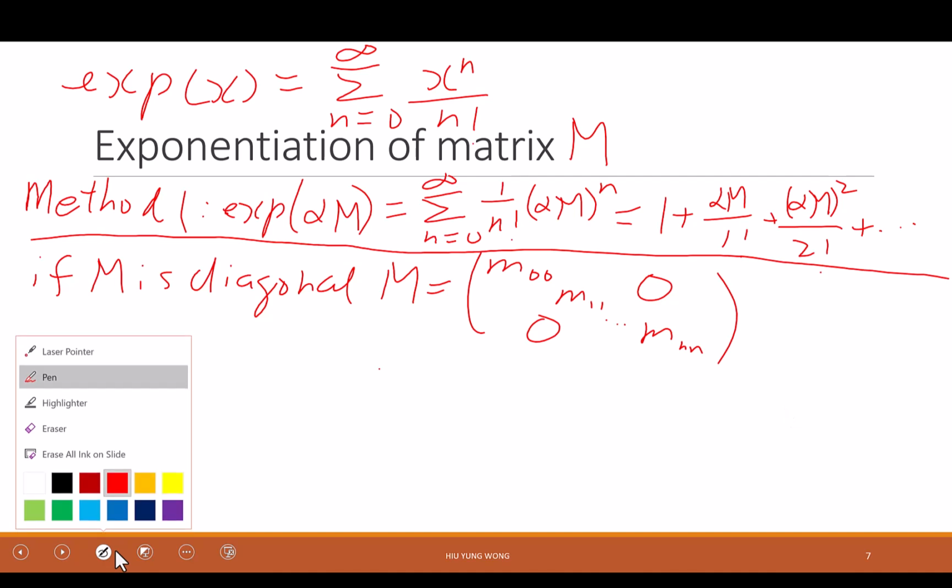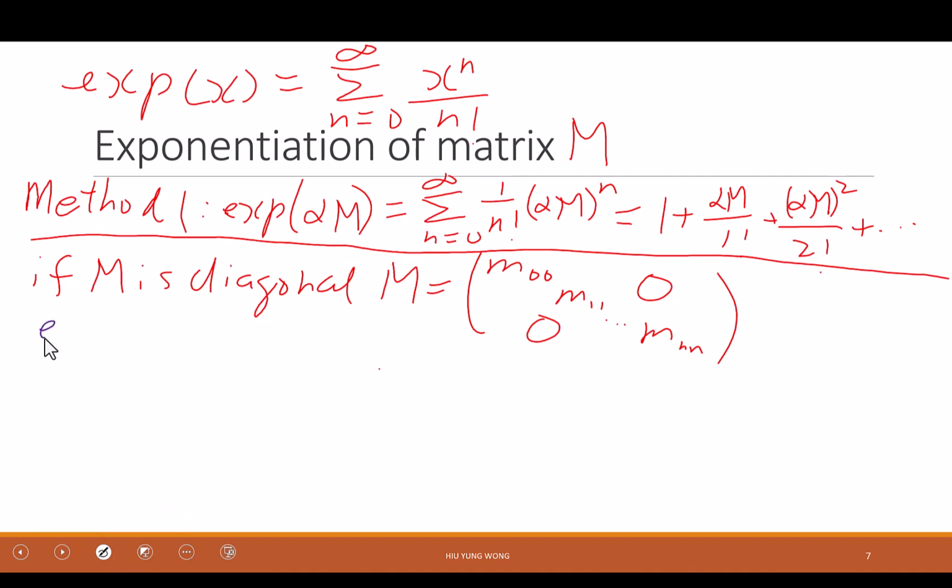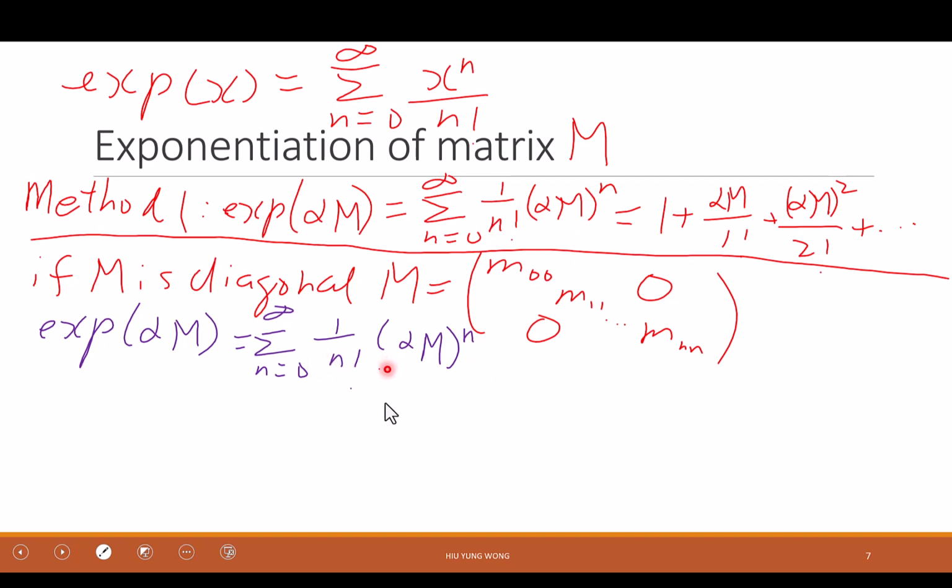So let's start with exponential alpha m. What is for sure correct is that it is equal to the summation n equal to 0 to infinity of 1 over n factorial times alpha m to the power n. I just copy this equation. It doesn't matter whether it's diagonal or not.